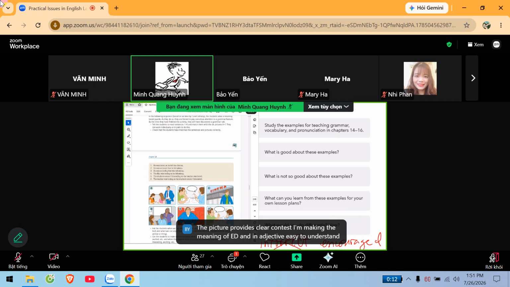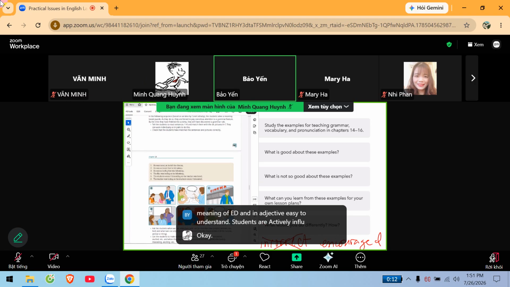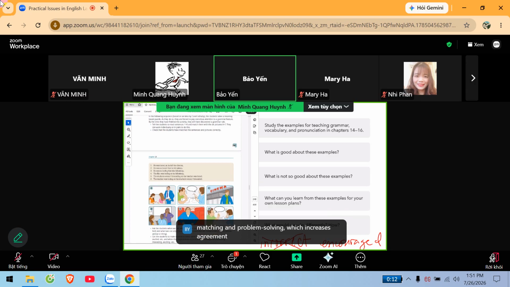Students are actively involved through matching and problem solving, which increases engagement. The flow of discover and practice helps students remember better. Students also produce their own sentences at the end, which encourages meaningful communication.